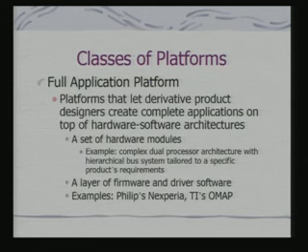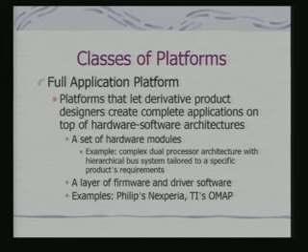There are different classes of platforms. Full application platform: platforms that let derivative product designers create complete applications on top of hardware software architectures. It can come with a set of hardware modules. It may be a complex dual processor architecture with some kind of a hierarchical bus system tailored to a specific product's requirements.